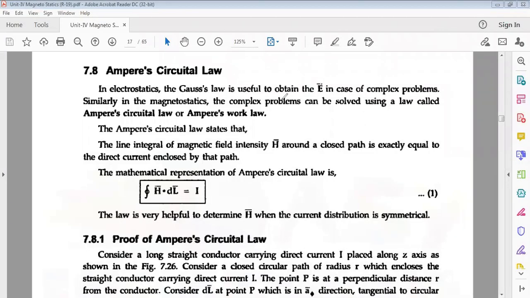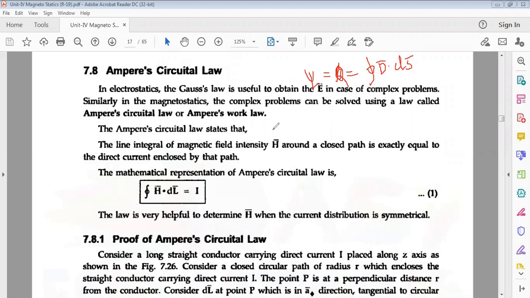In electrostatics, Gauss's law says psi is equal to the charge enclosed, Q is equal to the integral of D bar dot dS.